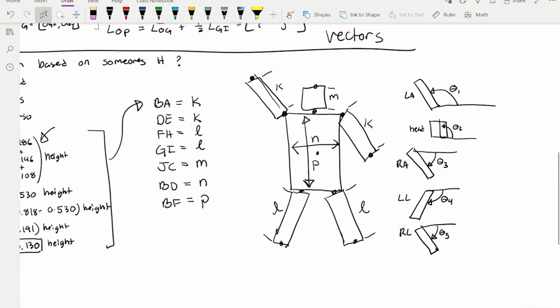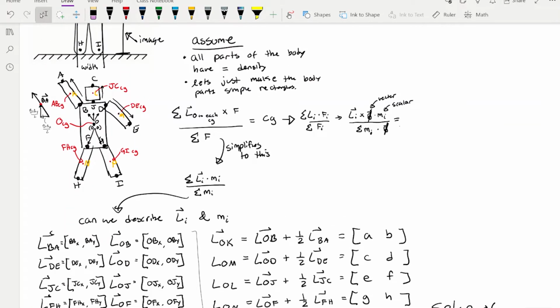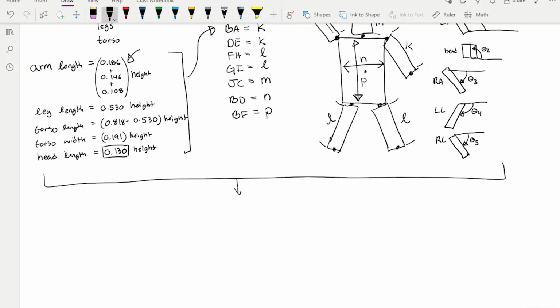Okay, so we can use this information to find the locations of all our points, A through J, right? So what do we got for A?